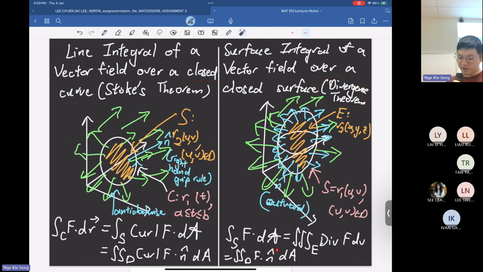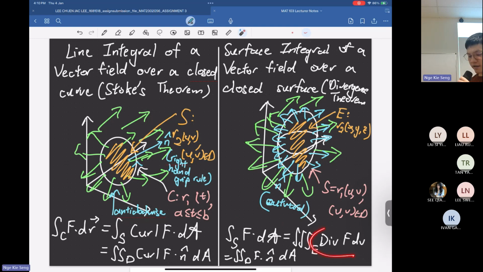So that's why this divergence theorem is called the divergence theorem. Why? Because if the dot product is positive, what does it mean? The vectors of the vector field align with my orientation of the surface. Only then do I get positive. Dot product, if same direction, you will get a positive number. If opposite direction, only then do you get a negative answer.